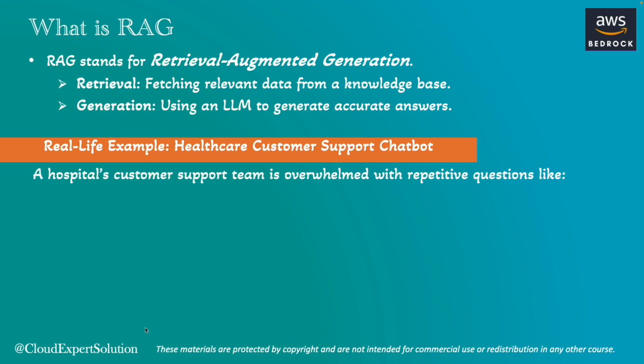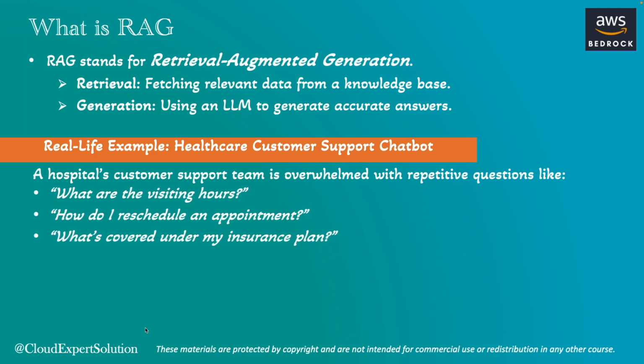Let's review a real-life example of RAG, or Retrieval Augmented Generation. Here the problem statement is: a hospital's customer support team is overwhelmed with repetitive questions like, what are the visiting hours? How do I reschedule my appointment? What's covered under my insurance plan?